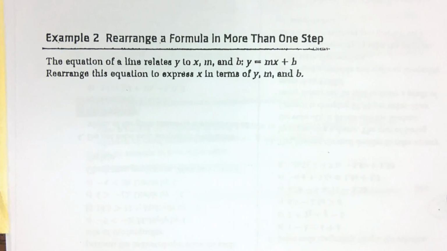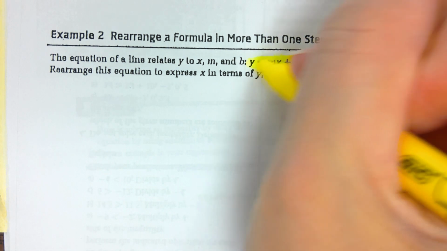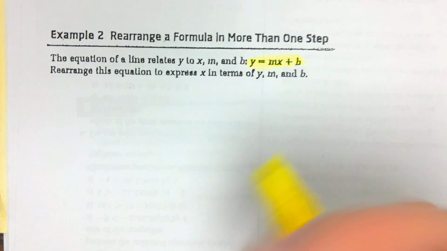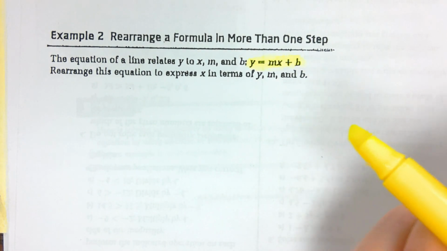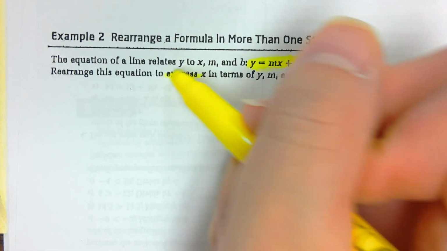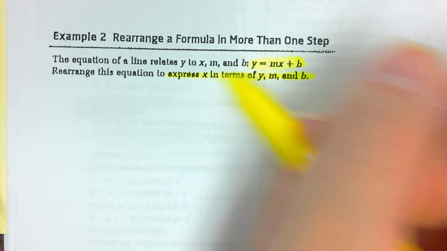So how many of you have heard of this phrase, y equals mx plus b? We're going to get into that in the next chapter. The next 3 chapters are all about y equals mx plus b. Okay. So y equals mx plus b is the general equation of a line. But now I want to express x in terms of y, m, and b.